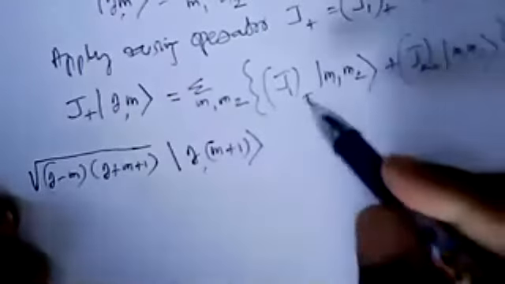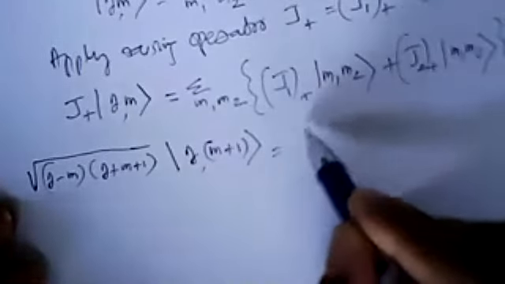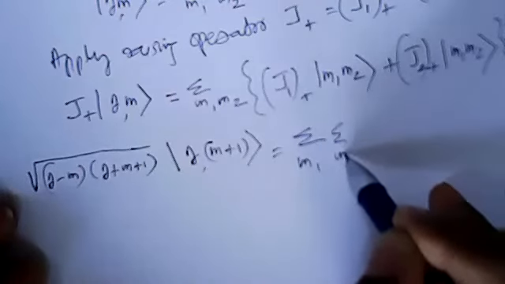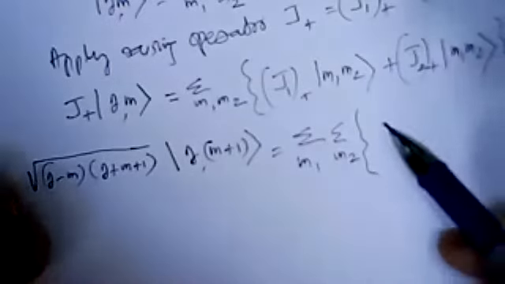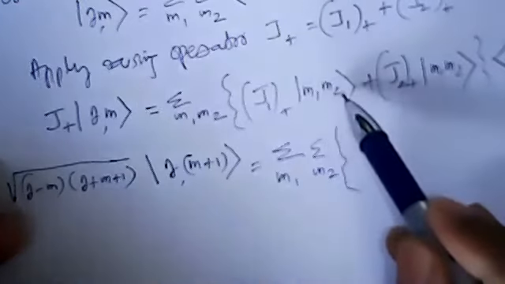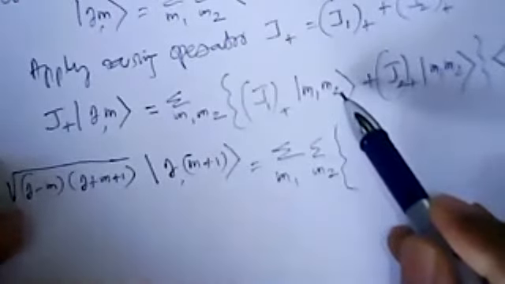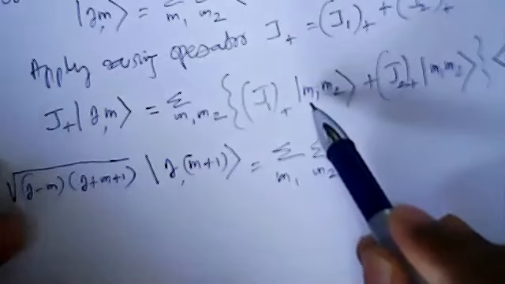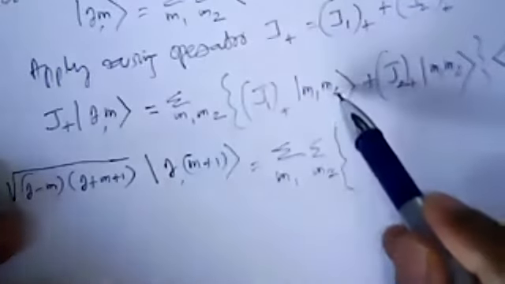So this is equal to sum over M1, sum over M2, then J1 plus acting on |M1, M2>. So what happens? M1 gets raised by 1. No change for M2.